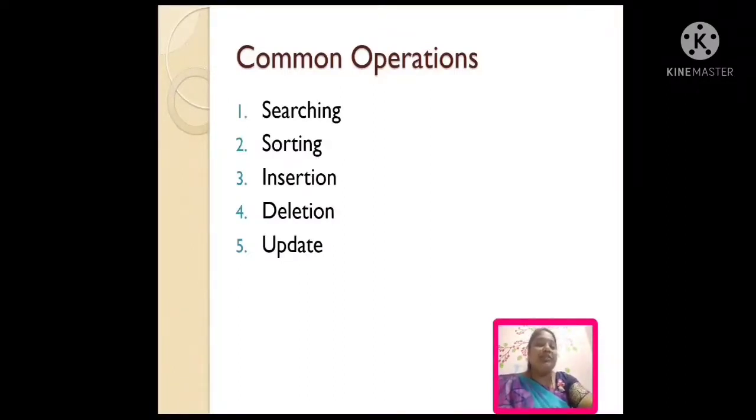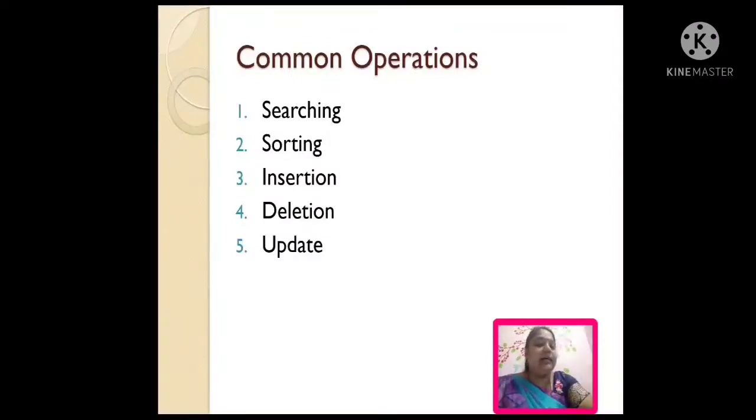Today we saw the introduction to data structures. Data structures are used to store data, and to store data we have many types of data structures. They come under two types, primitive as well as non-primitive. Primitive data types store a small amount of data, and non-primitive data types are used to store a large amount of data.